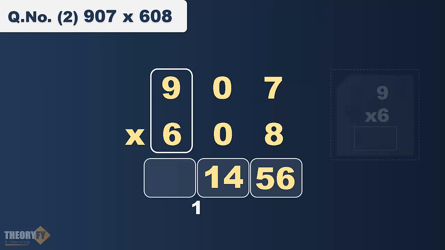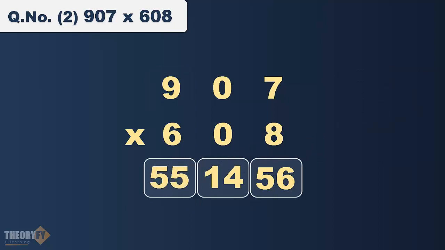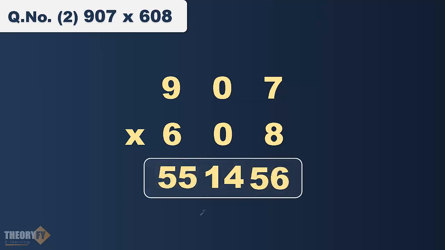So 9 into 6 is 54. Now also add the carryover, so it becomes 55. So our final answer is 551456. So wherever you get a carryover, like more than 2 digits, the third digit or any other extra digit will go as carryover to the next pair.